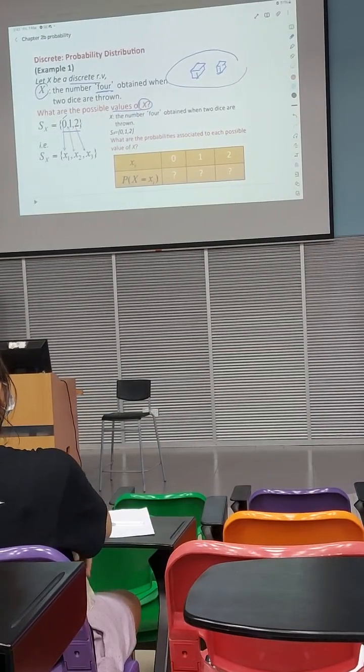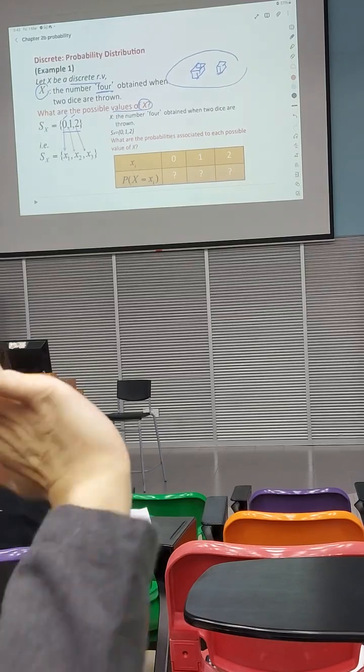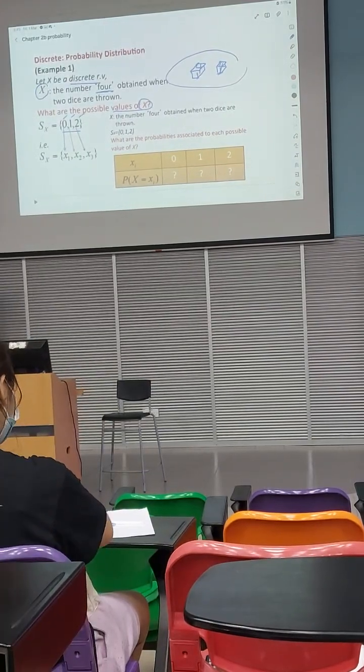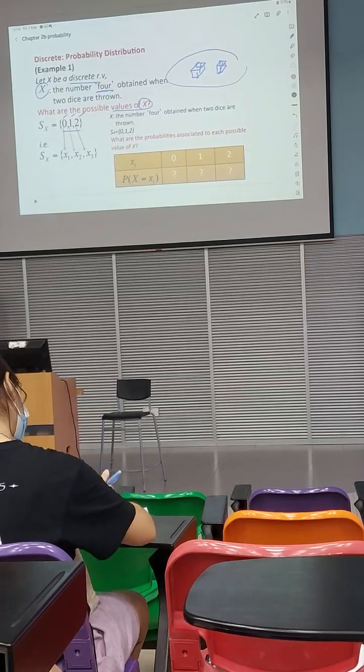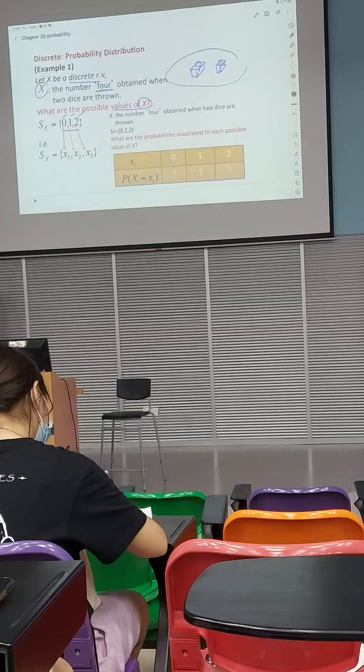It could be that one die has another value, but the other consists of a 4. So this is 1. It could be both appear as 4, so 2. Can you understand why it's 0, 1, 2?